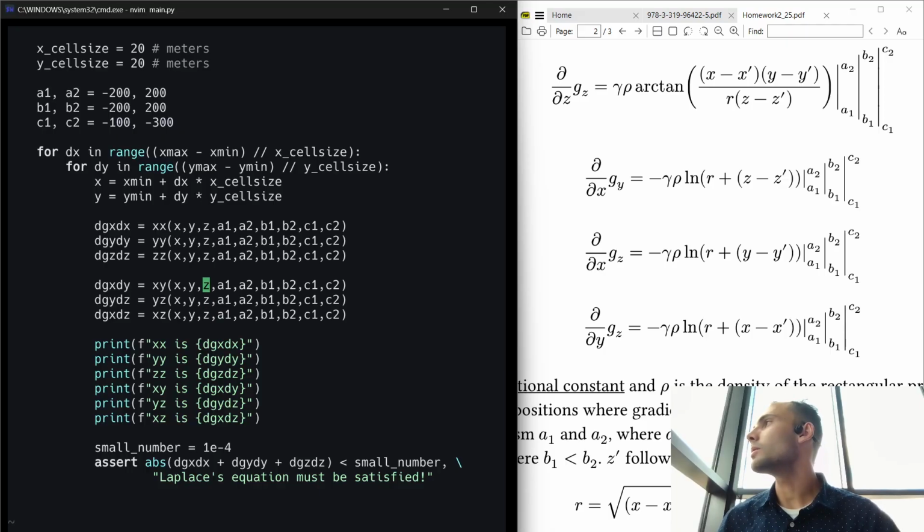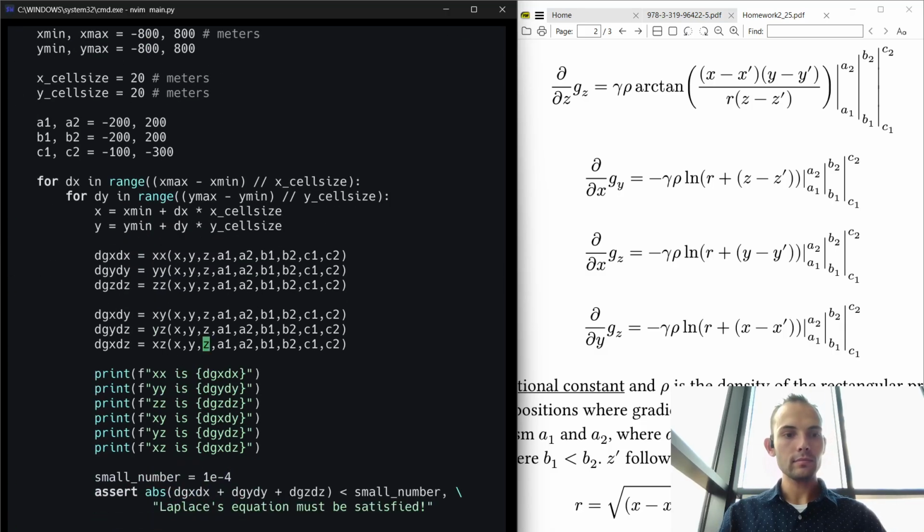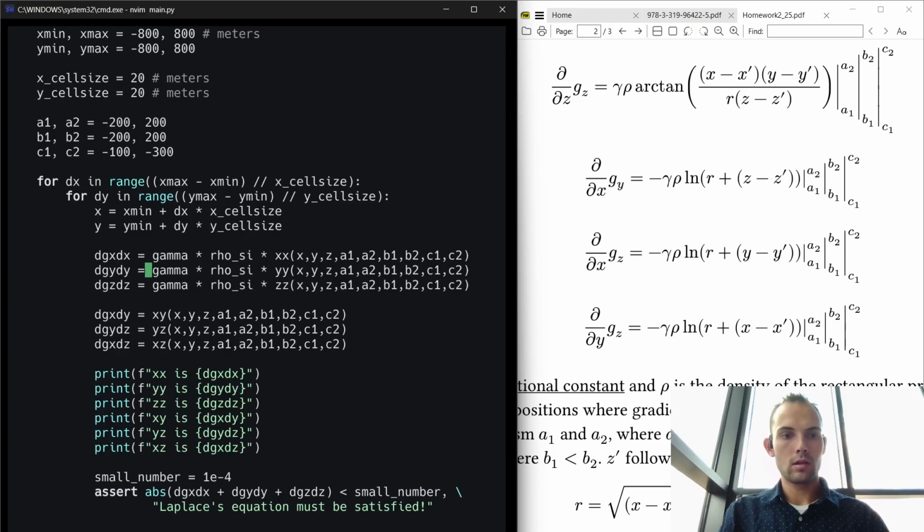What else could we do? Yeah, I guess we're ready to export our stuff. Technically I should scale everything, shouldn't I? And let's do the same thing here.